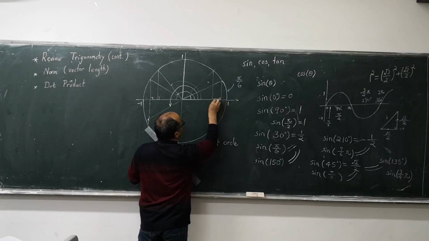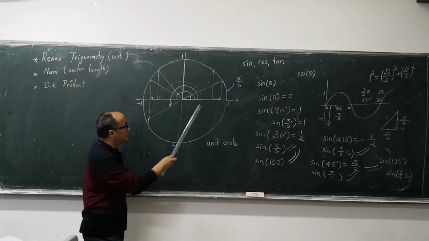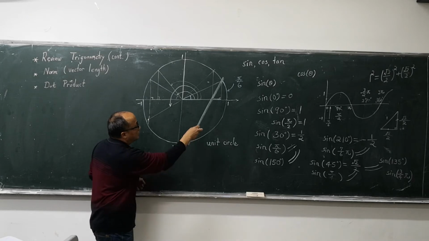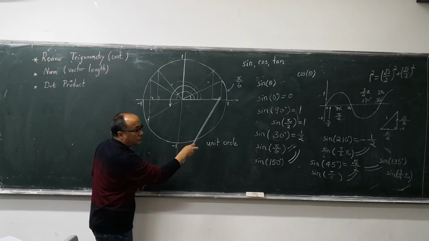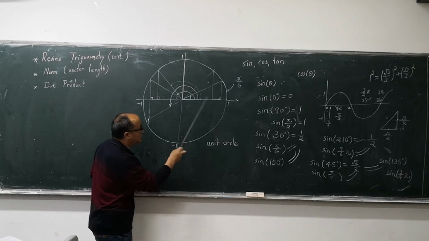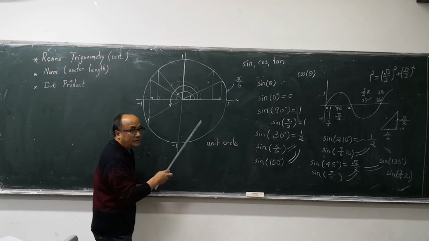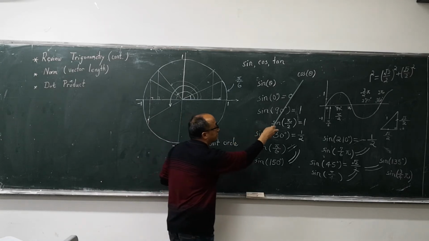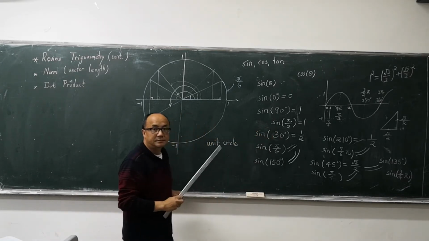You make a vertical line, and that dot to your distance, that is a cosine.